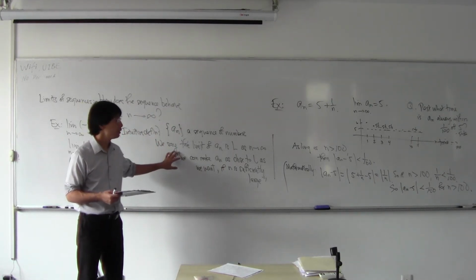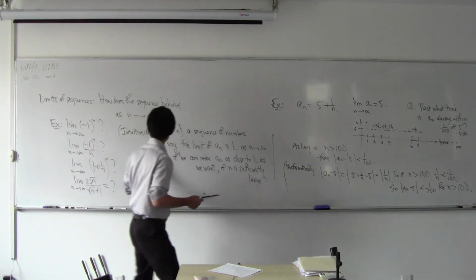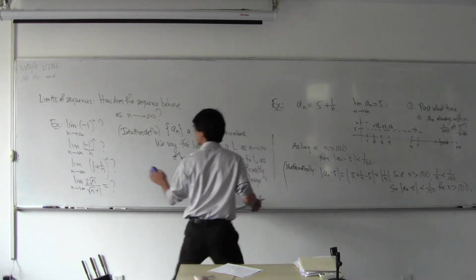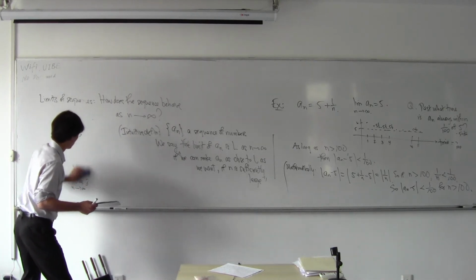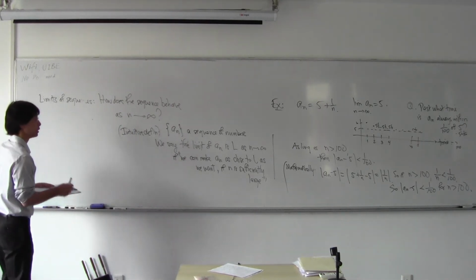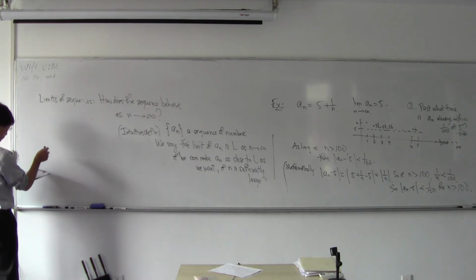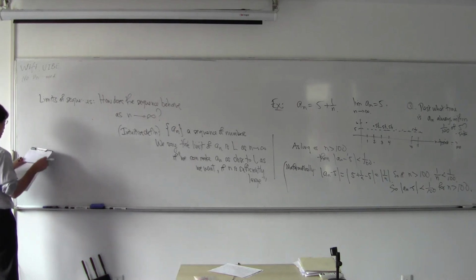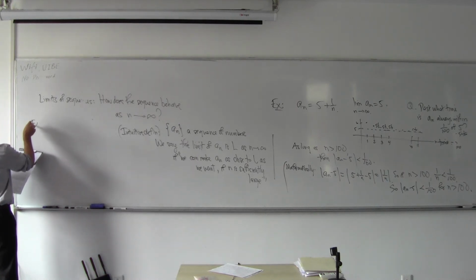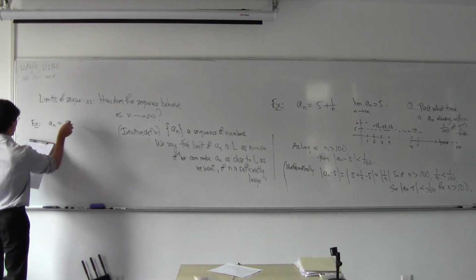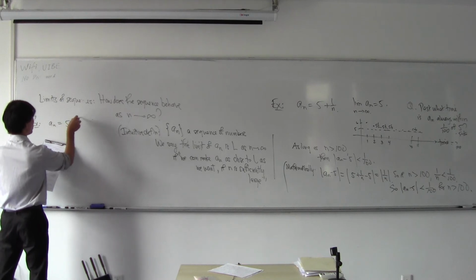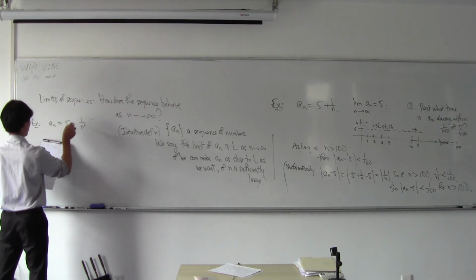Okay, so let's do another example. Let's say A sub n is 5 plus 1 over n squared.